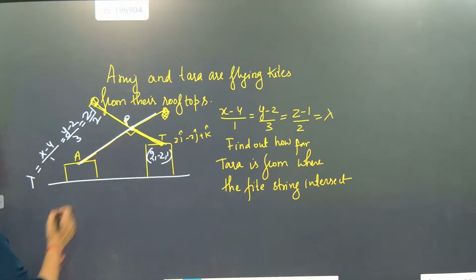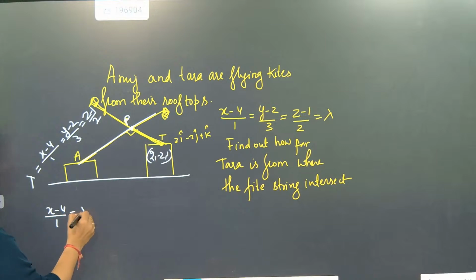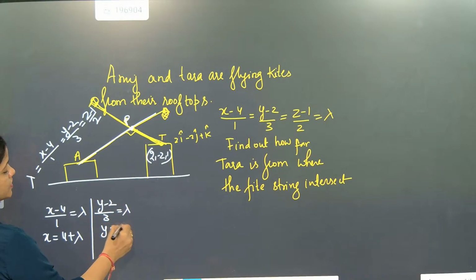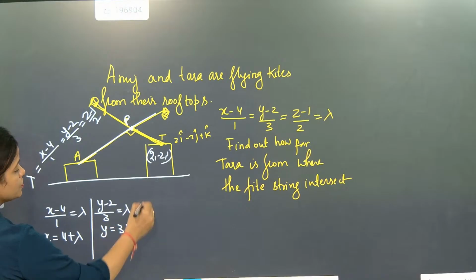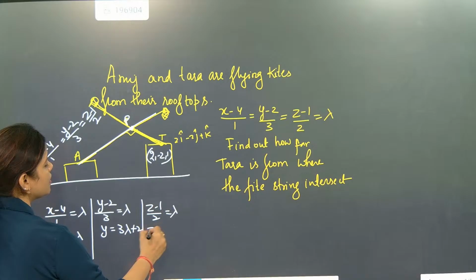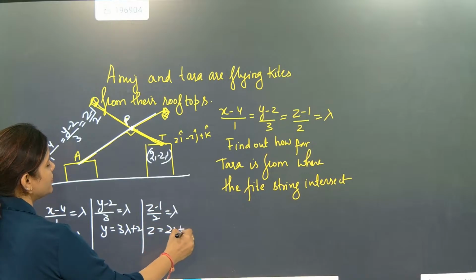To get this point P, it will be written as (x - 4)/1 = lambda, so x = 4 + lambda. Now (y - 2)/3 = lambda, so y = 3 lambda + 2. Now beta, (z - 1)/2 = lambda, so z = 2 lambda + 1.